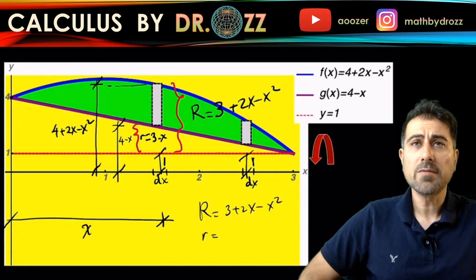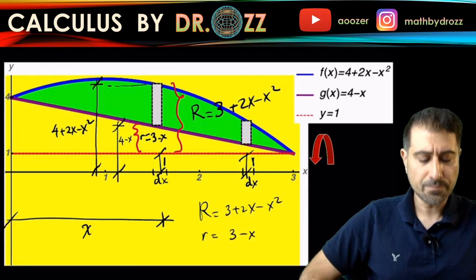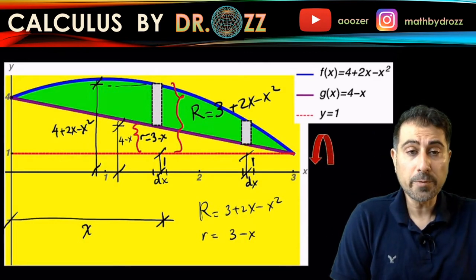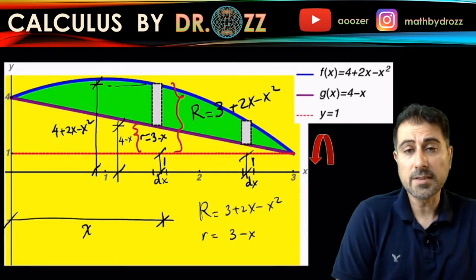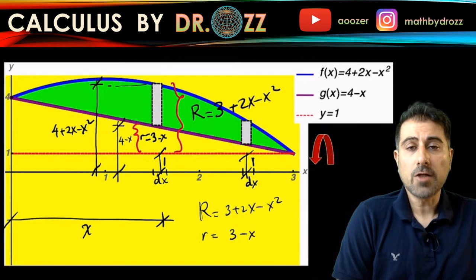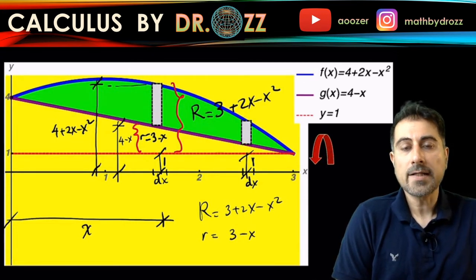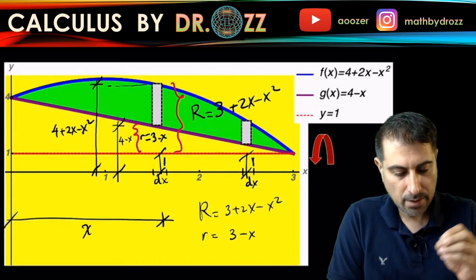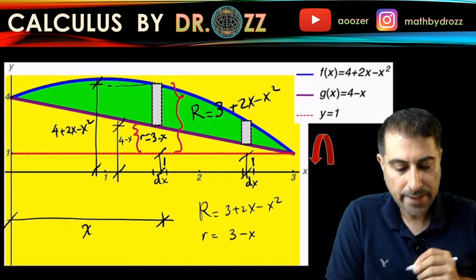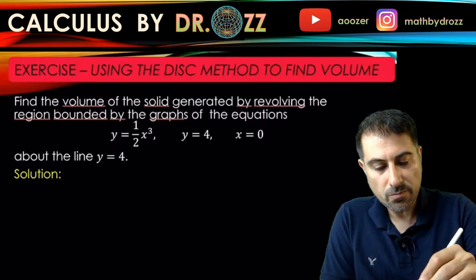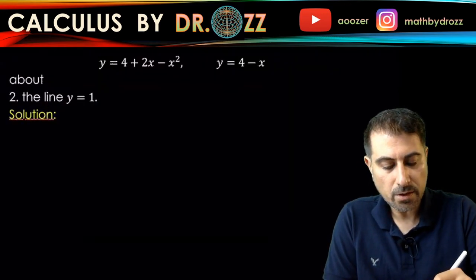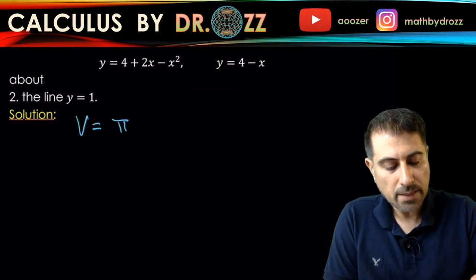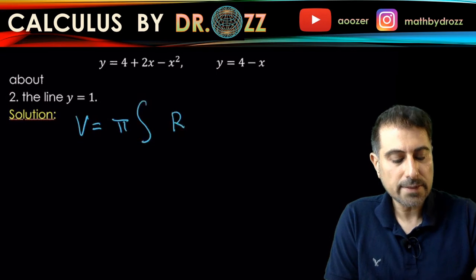Now what I'm going to do is use the formula that I have. The formula is the volume of the outer disk minus the volume of the inner disk. So the volume is pi times capital R squared minus little r squared dx.